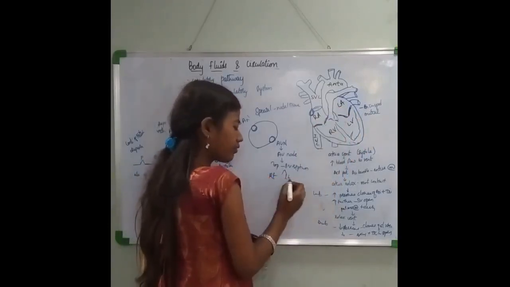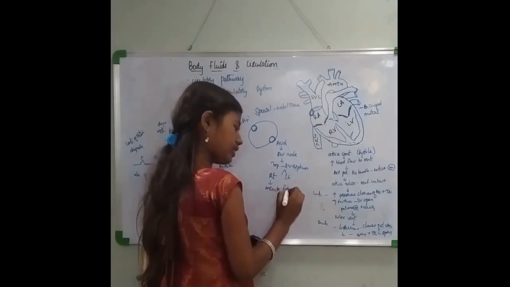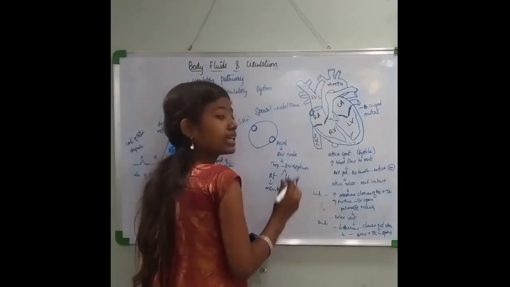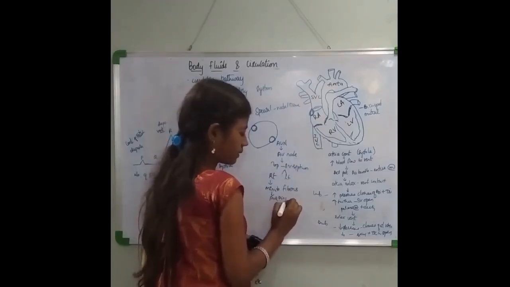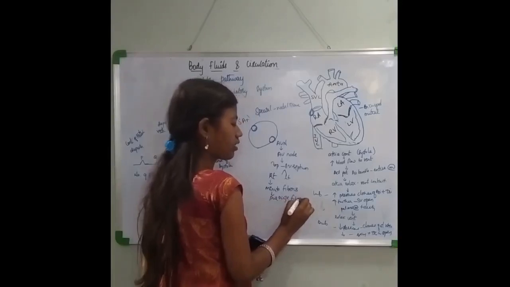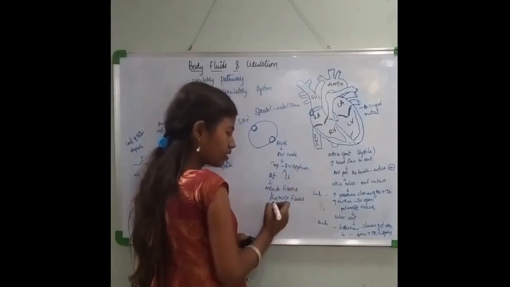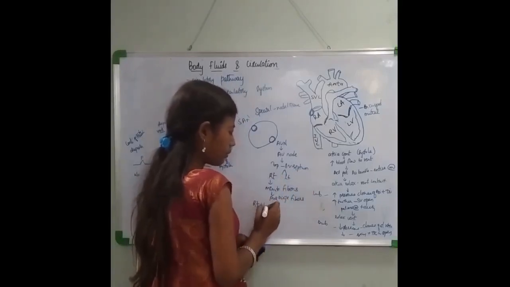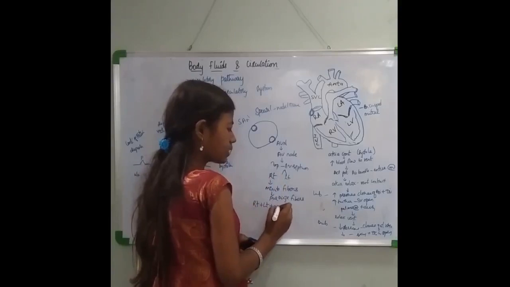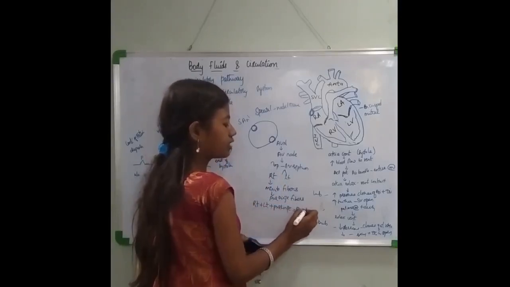Now these right and left fibers will divide into minute fibers, okay? They will get divided into minute fibers called the Purkinje fibers. Okay, so now these right fibers plus left fibers plus these Purkinje fibers, which are divided into minute fibers, will form the bundle of His.